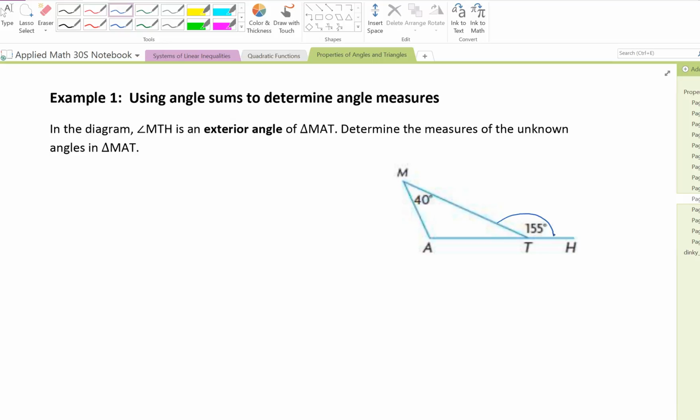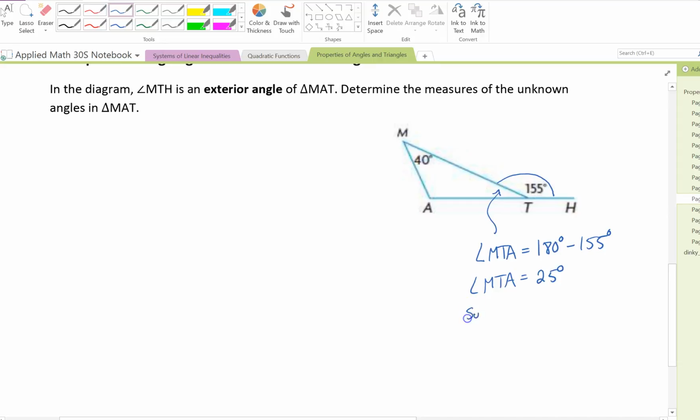So we can figure out this angle here, because the two angles sitting beside each other are lying along a straight line. That's angle MTA, and it would be supplementary to 155, so 180 degrees minus 155 degrees gives us that angle MTA is equal to 25 degrees.